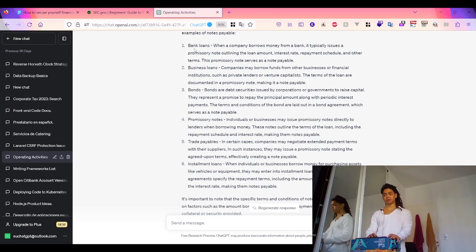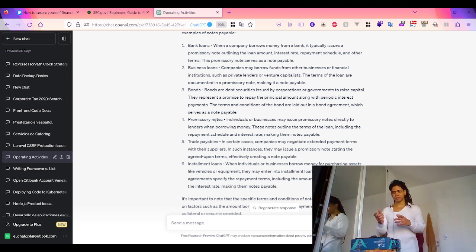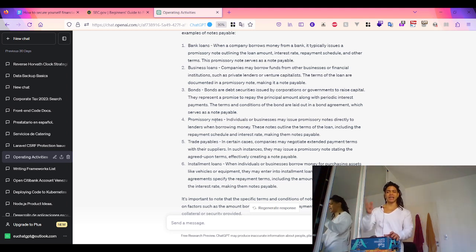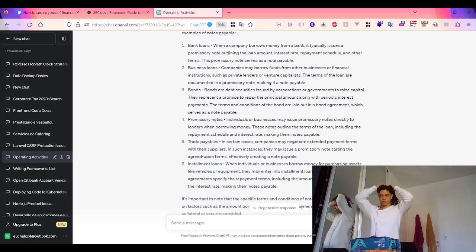So we have these bank loans, business loans, bonds, and promissory notes, where an individual or business may issue promissory notes directly to lenders when borrowing money.